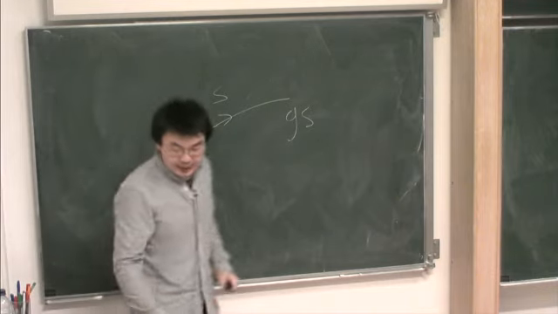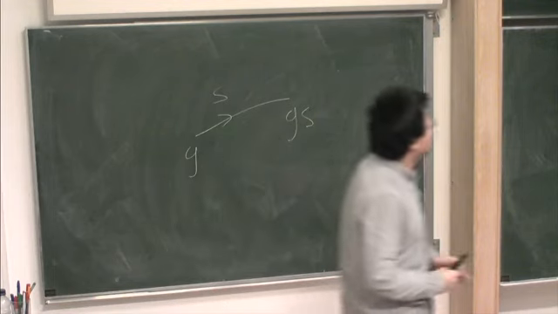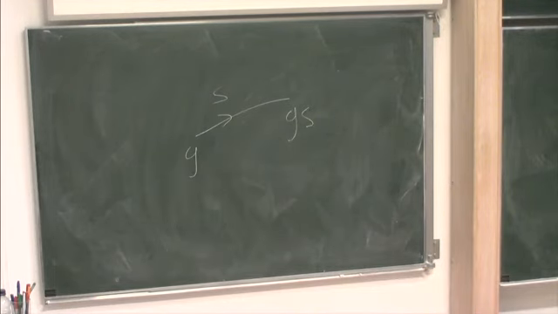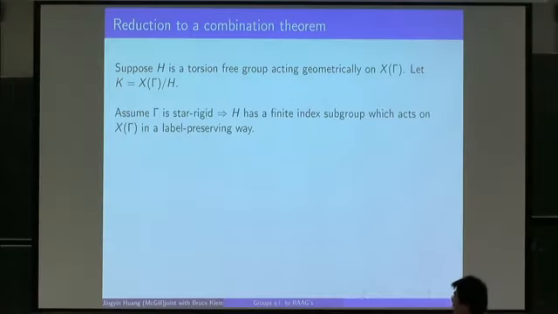So the one skeleton of X of gamma has a natural orientation and a labeling. Here I'm saying H has a finite index subgroup which acts on this one skeleton in a label preserving way. However, it may not preserve the orientation. It's actually not hard to say that if the action of H preserves both the labeling and the orientation, then we are done. We get the commensurability result.